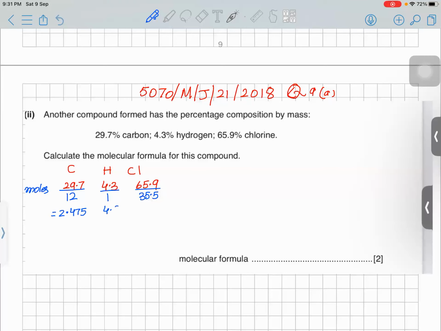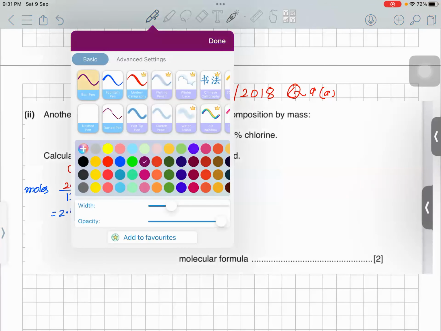This is 4.3, and 65.9 divided by 35.5 is 1.86. Now the next step is find the ratio.